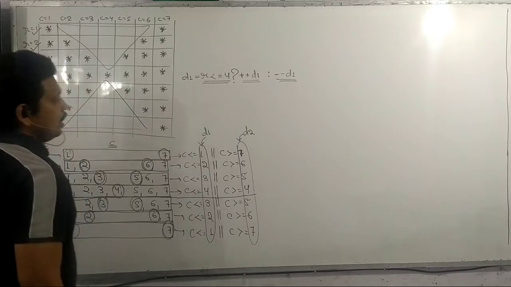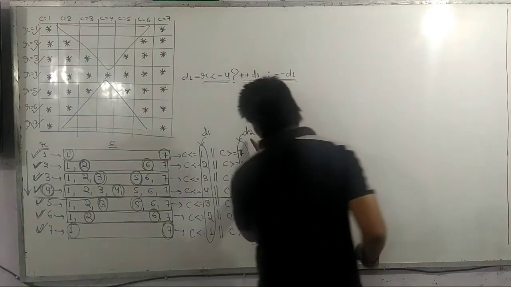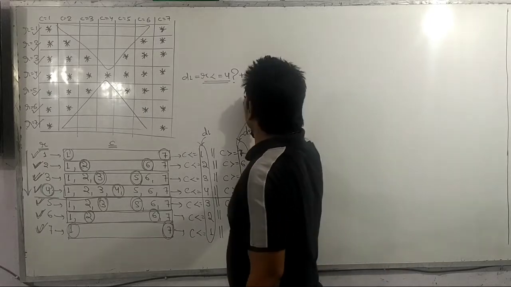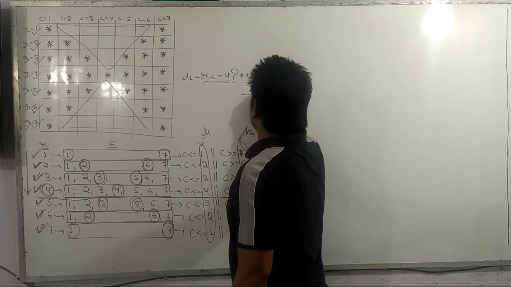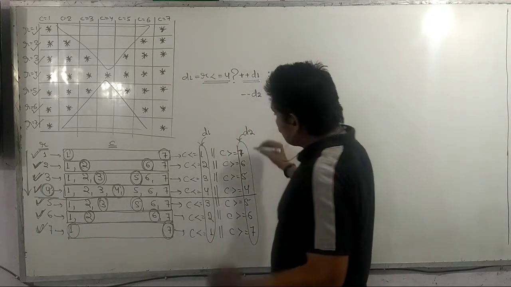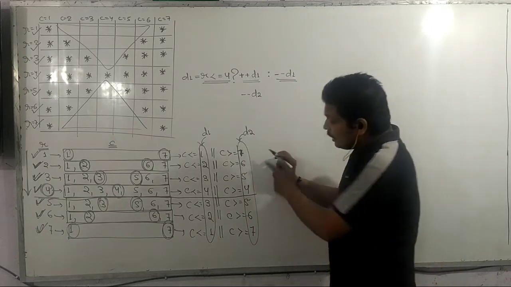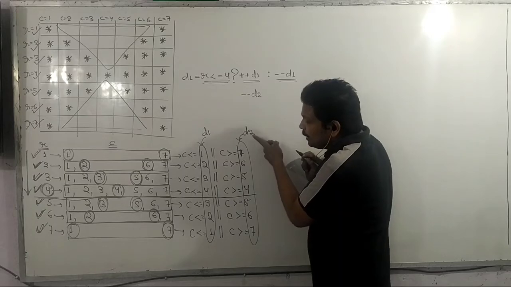Clear? Now analyze the values of D2. They are decreasing. So I will write here --D2. But what is the condition in which the values of D2 are decreasing?